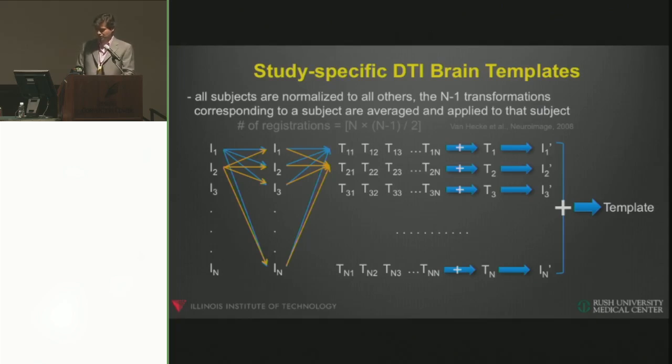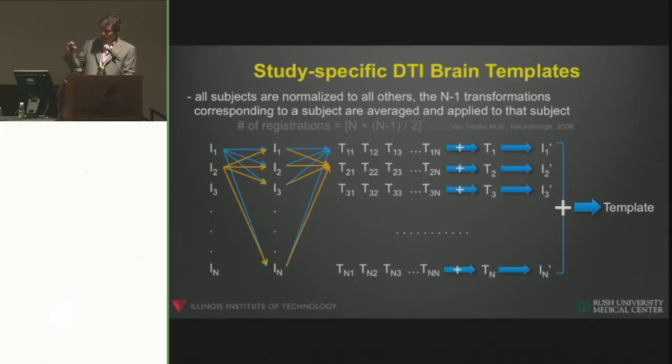In order to get to this template, you need to do n times n minus 1 over 2 registrations. The reason why you don't need n times n registrations is because in this matrix, the T11, T22, T33, Tnn, you don't really need to estimate because it's registration of the subjects to themselves, so you don't need to calculate anything there.